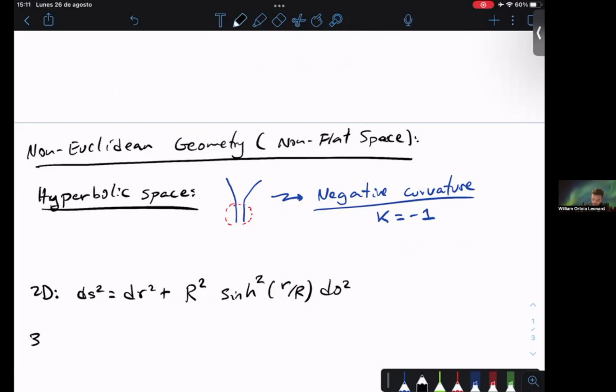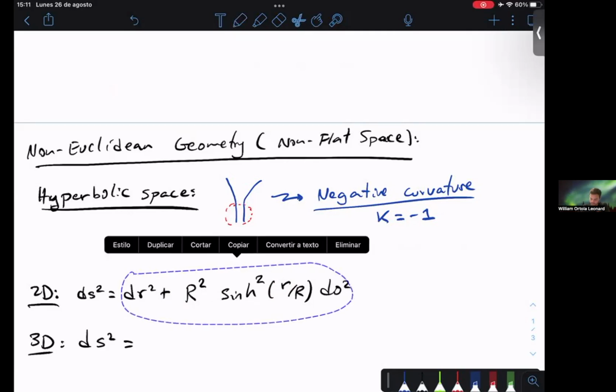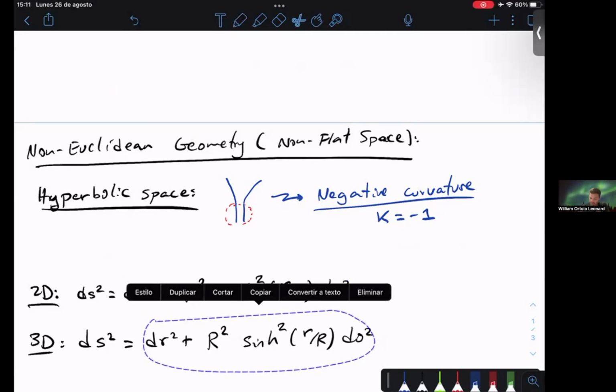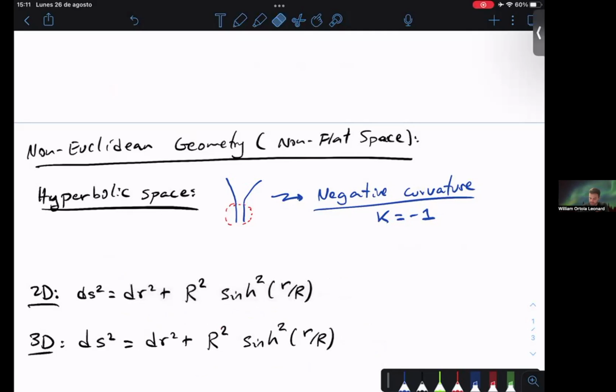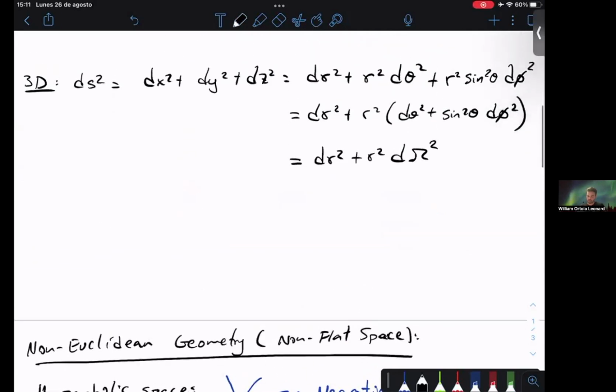Now we can also do the same thing in three-dimensional space, which will give us basically the same thing, but this time, instead of just multiplying by d theta squared as we have here, we will be multiplying by the solid angle squared, okay? So what we saw before as being this specific parenthesis right here.